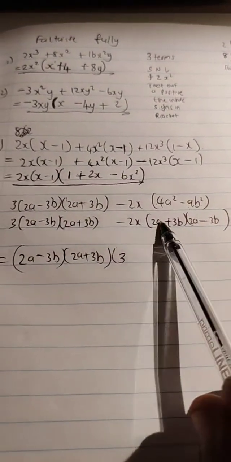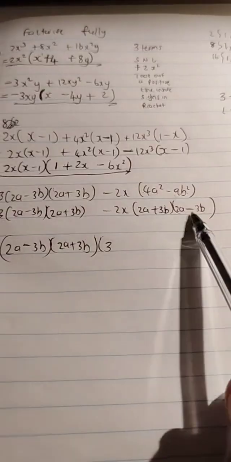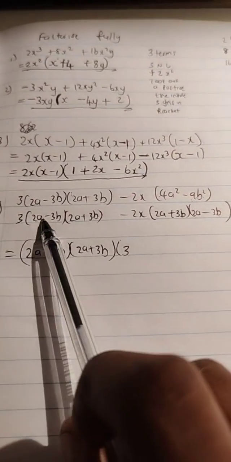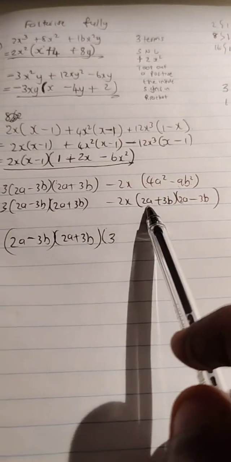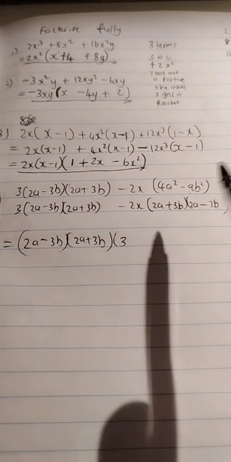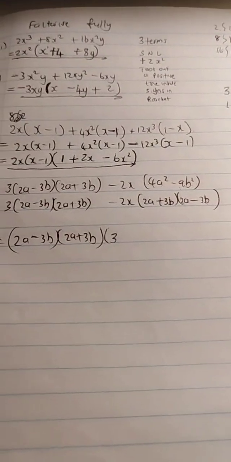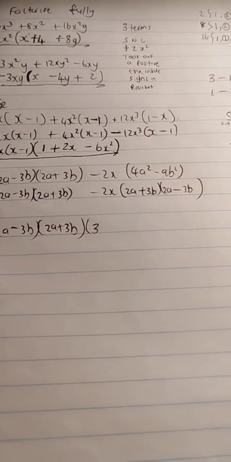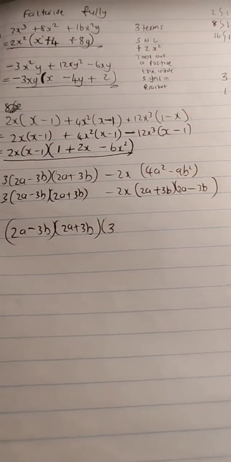same. Multiplication of these brackets, the order doesn't matter because multiplication is commutative. 2a minus 3b into 2a plus 3b is the same thing as 2a plus 3b into 2a minus 3b. Multiplication is commutative. The order of the brackets does not matter because with multiplication the answer would be the same.